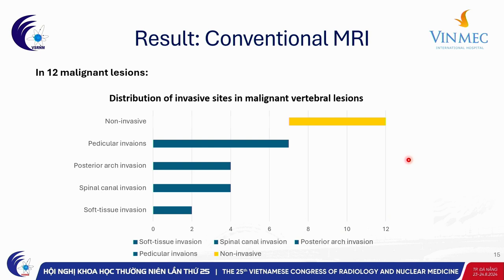We use signal changes and the characteristics of the lesion. In the characteristics of the lesion, we see that for the malignant lesions, the lesion was localized just in the vertebral body in 5 out of 12 cases, and in 7 out of 12 cases the lesion invaded into the pedicle or the posterior elements.